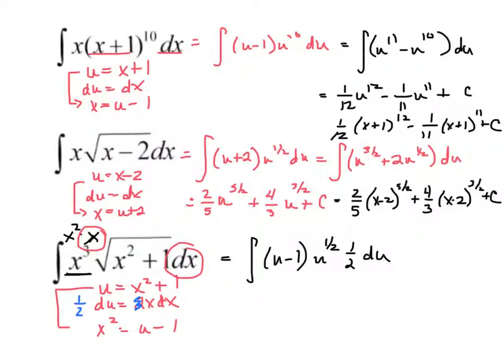Well, then I rewrote u as x squared plus 1, so then x squared was u minus 1. So I could replace this with u minus 1, this with u to the 1/2, and the x dx with a 1/2 du. And at this point, yank the 1/2 up front, and it looks almost exactly like the one above it.